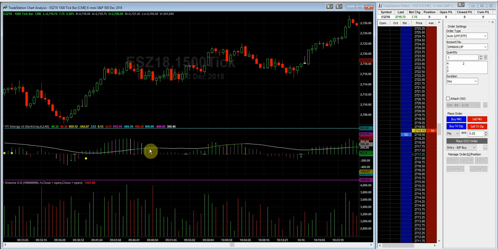So we'll be using those signals as well, the color codes within it. When we get to the gray bars, whether it's within the demand side or the supply side, the gray bars show a weakness in the demand or the supply being requested. So that's how we're going to read that.